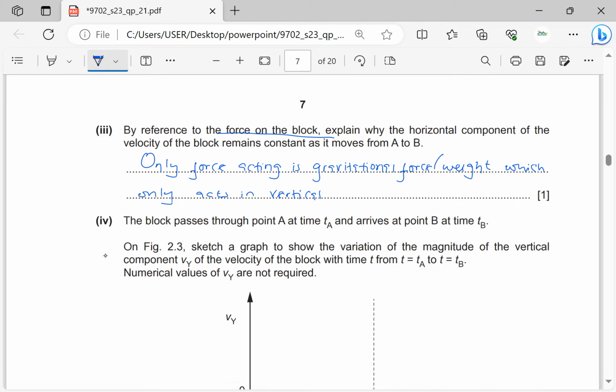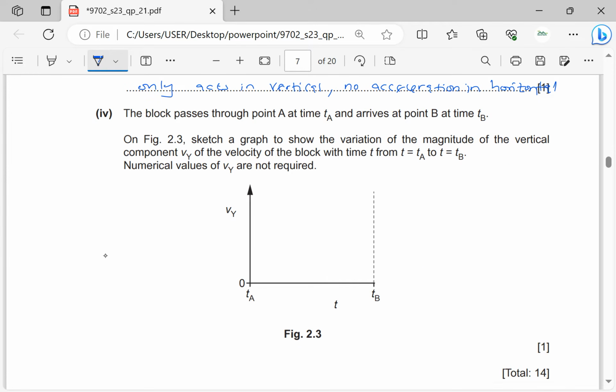So the only force acting is the gravitational force, which only acts in the vertical. What does this mean? No acceleration in the horizontal. And if there's no acceleration in the horizontal, it means the velocity component remains constant.